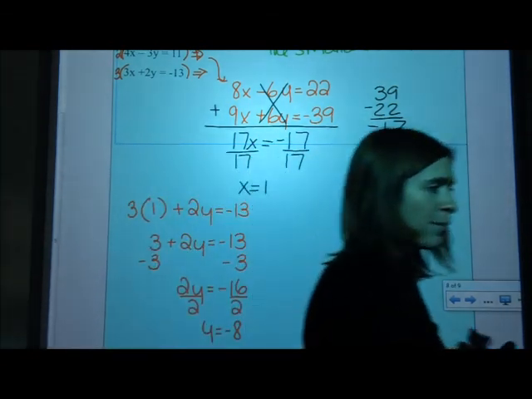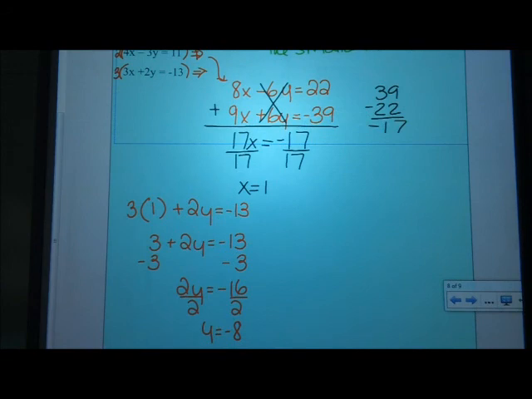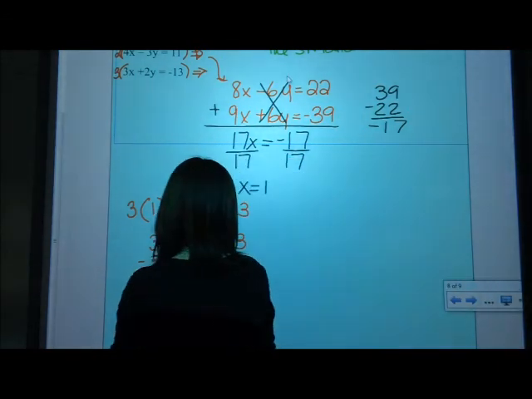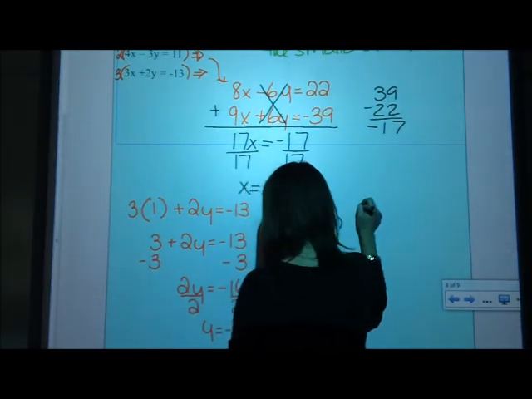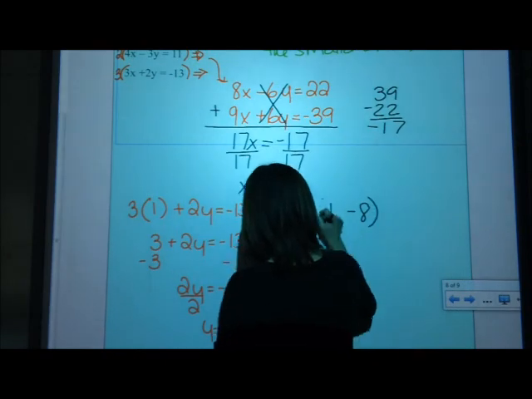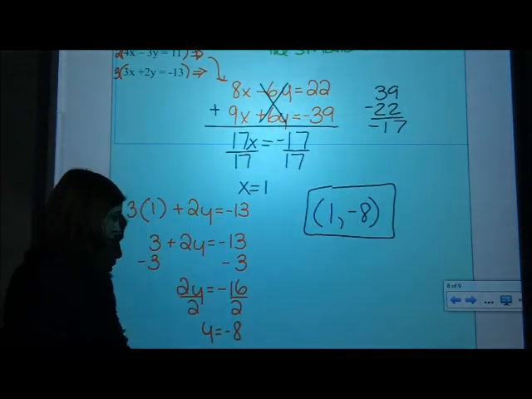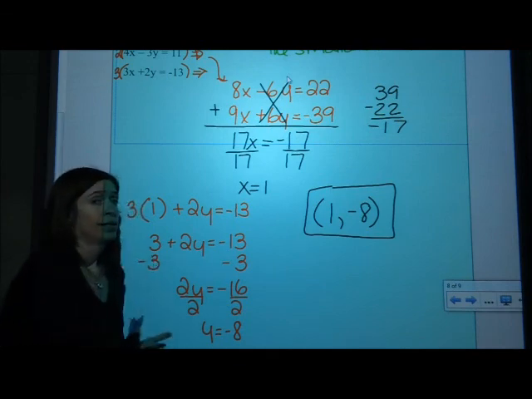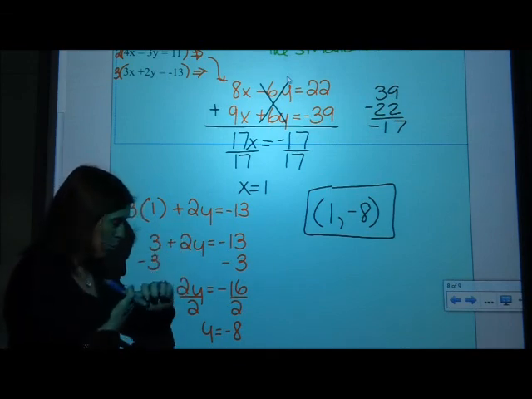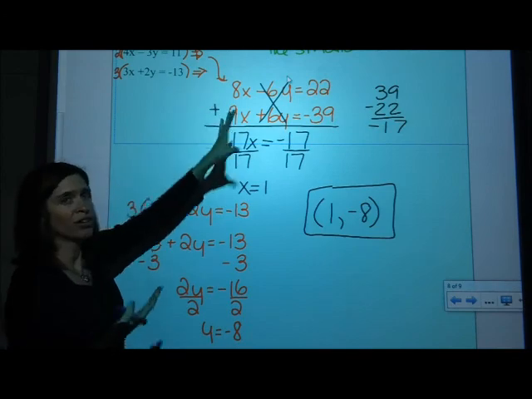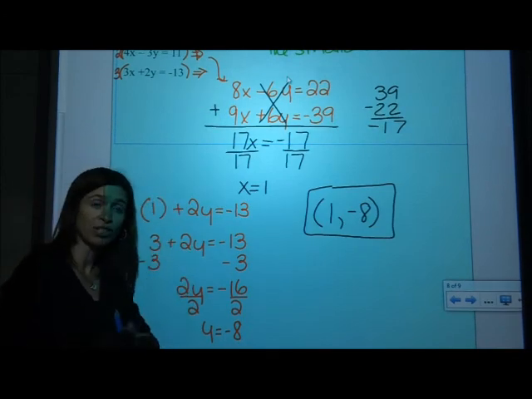Okay, but I'm not done, am I? What do I have to do now? I hope you are saying that you have to write them as a coordinate point, and that is true. So we're going to write our point as negative 1, negative 5, and remember that it's the point where the two linear equations that I started with, if I graph them, intersect.